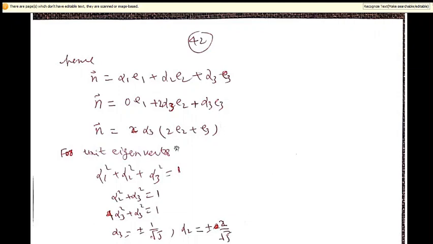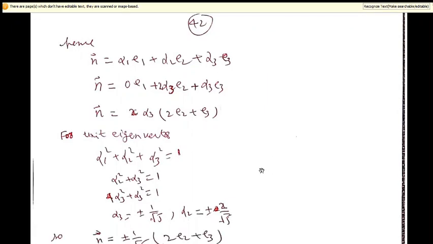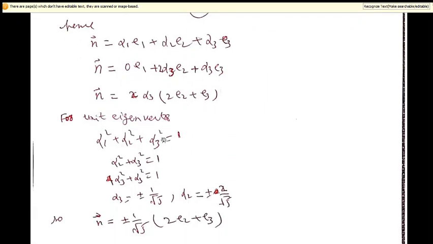So we need to find unit eigenvectors. We will use this equation again. We know that alpha 1 is 0, and alpha 2 square plus alpha 3 square is equal to 1. Using alpha 2 equal to 2 alpha 3, this is 4 alpha 3 square plus alpha 3 square equal to 1.